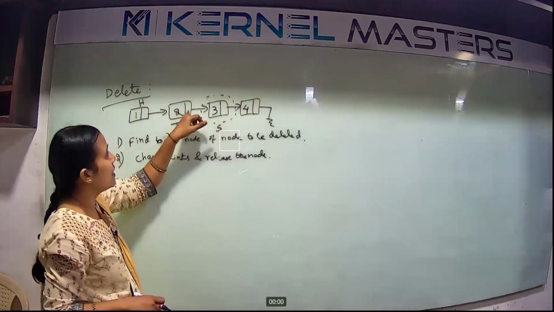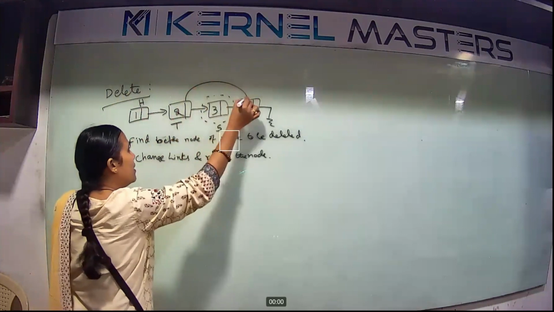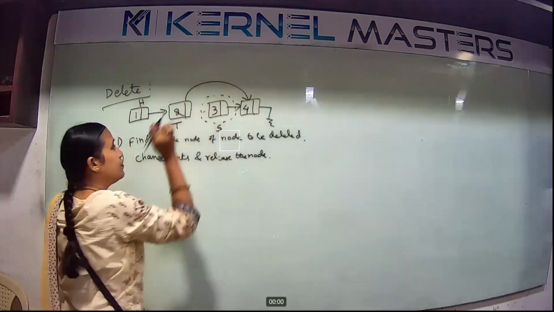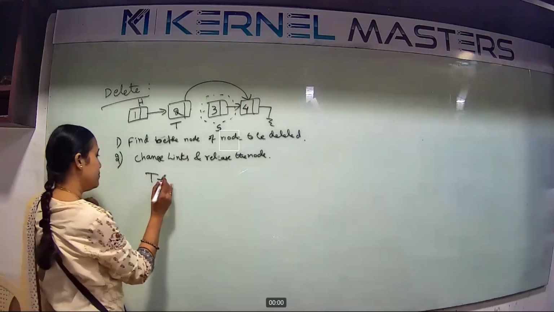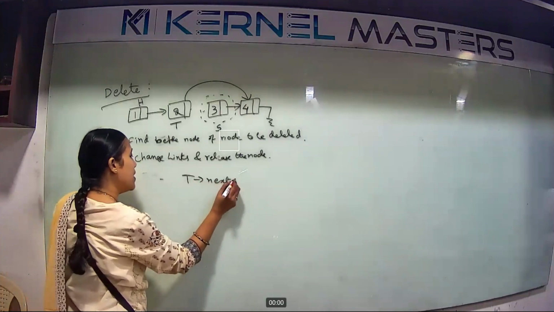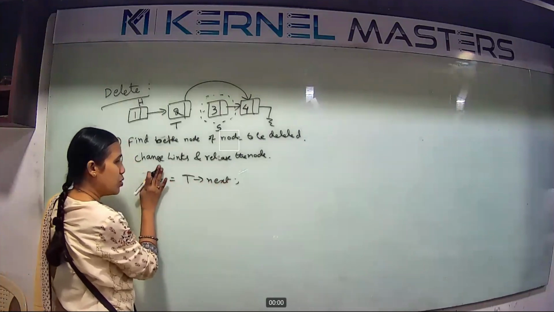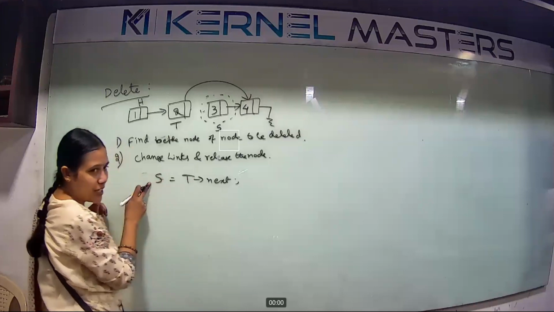So first I remember T next in S, and this is the node to be deleted. T is the before node, T next is the node to be deleted.